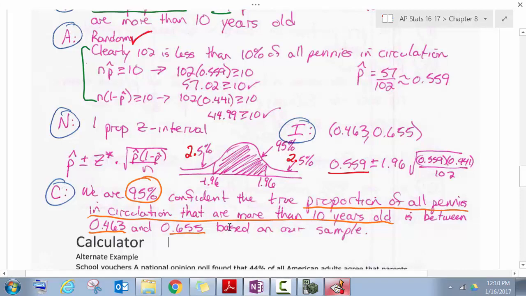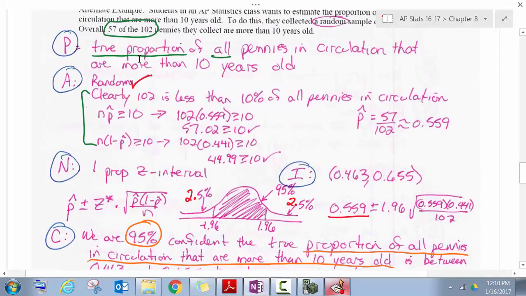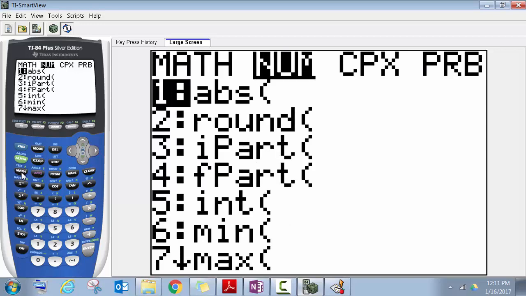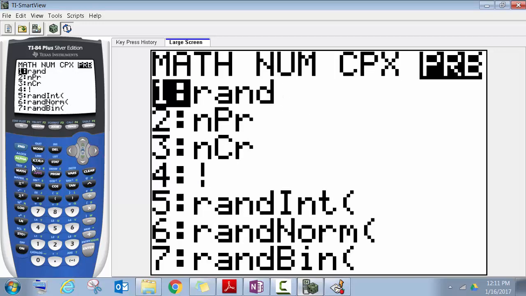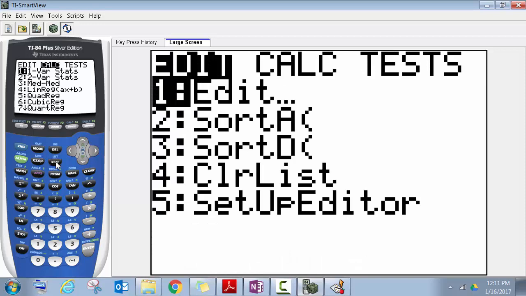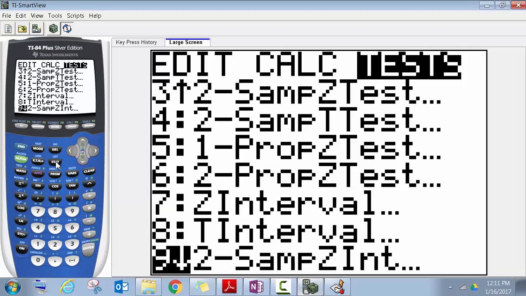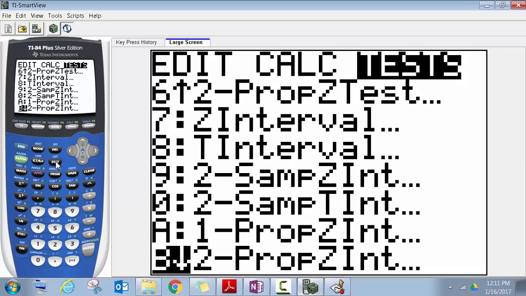Now, if we want to do it on the calculator, it's much easier. We still have to do the P, the A, the N. But when you get to I, you can skip all the calculations and have the calculator do it for you. So if we're using the 84, you go to Stat, and you go over to Tests, and we want one proportion z-interval.